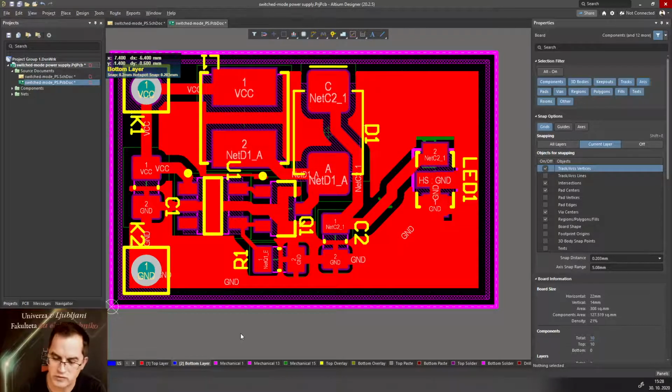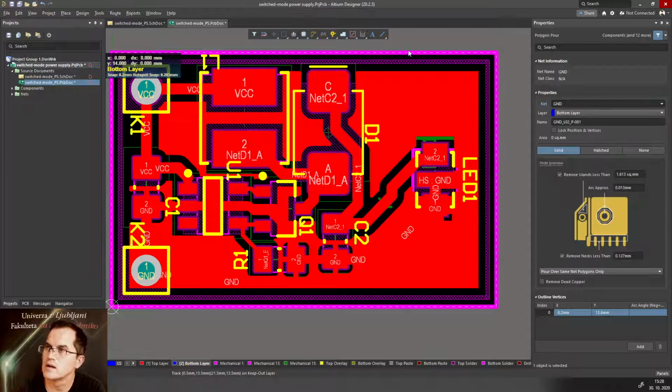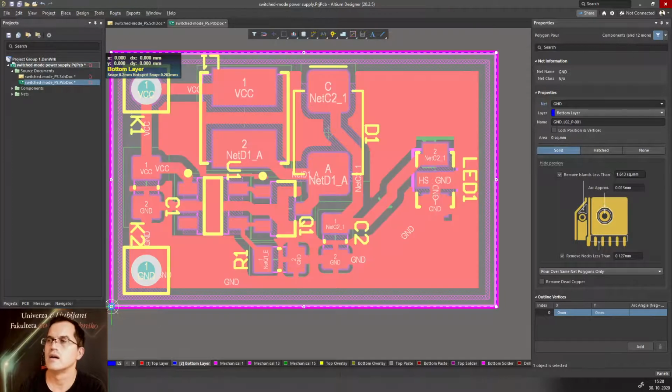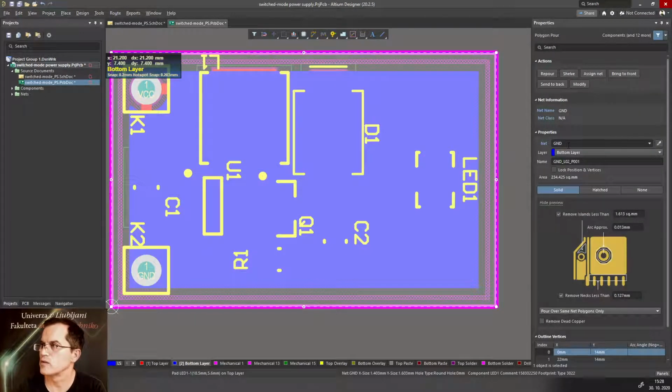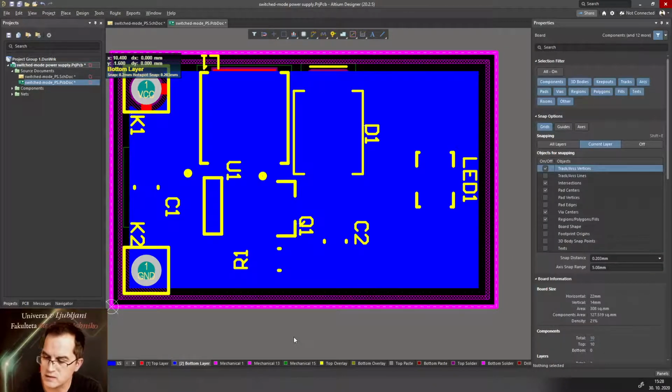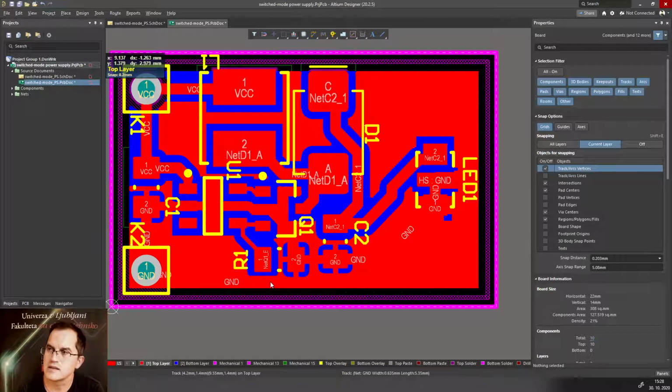So I will now draw a bottom layer, placing polygon again, here, here, down, and back. I have to connect it to ground, and I did. And what I did with it actually is shield the bottom layer of the PCB, and as such shield the PCB from the capacitive coupling of the noise.